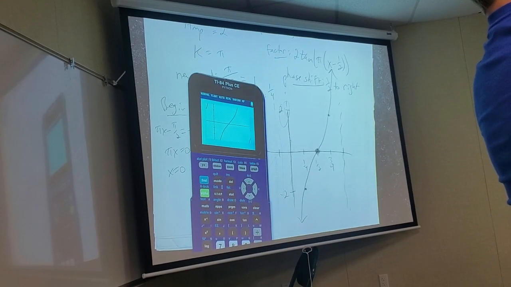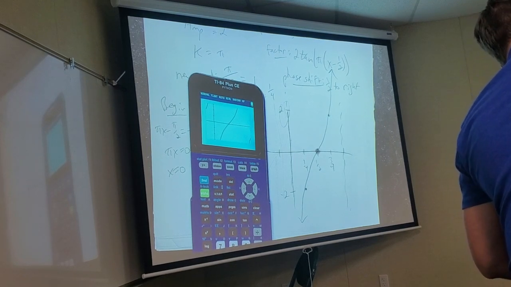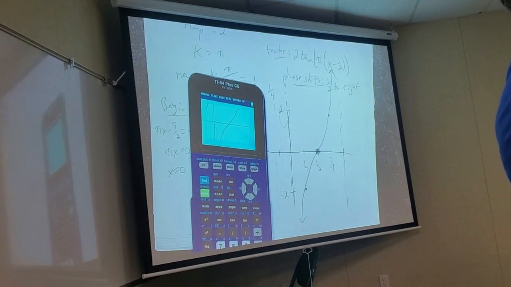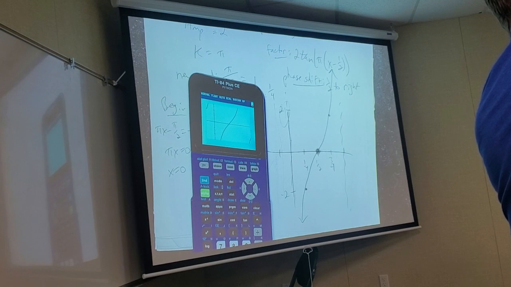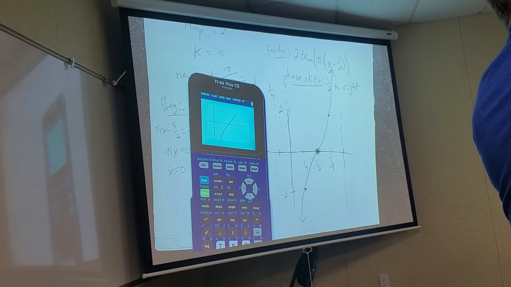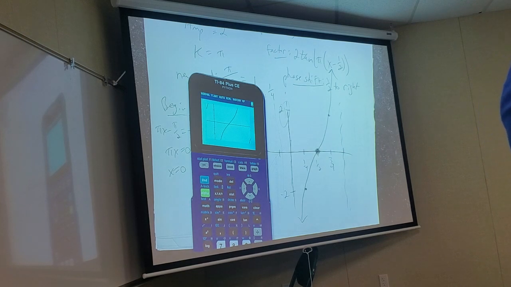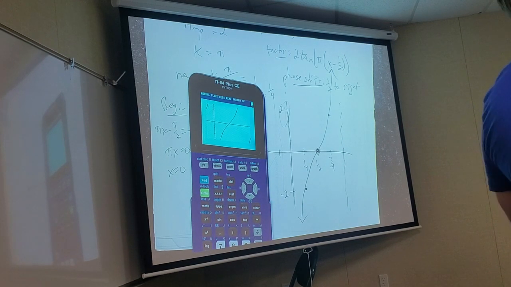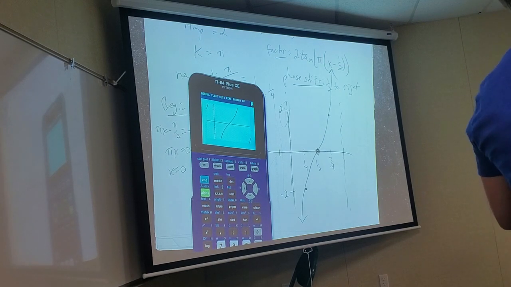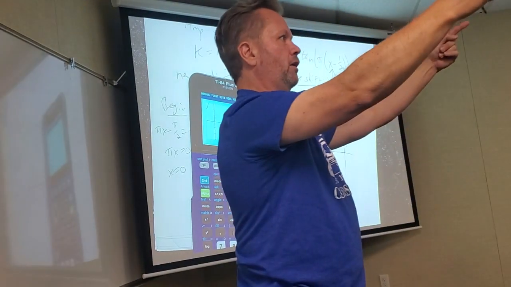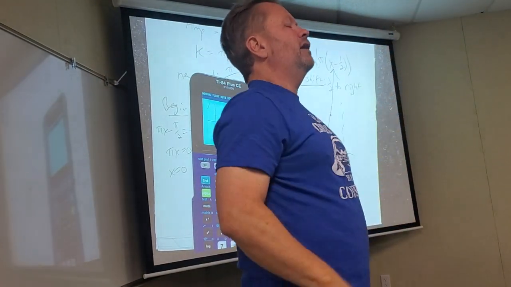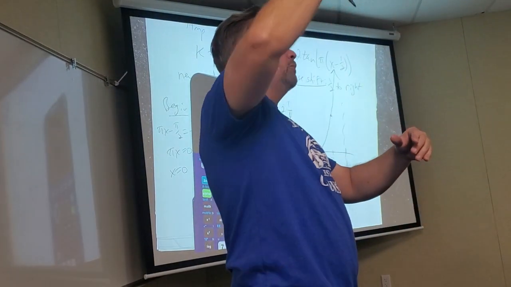At -pi/2, tangent goes to infinity, and then it starts to get smaller and smaller, and then at 0, tangent's going to be 0, because sine is 0 and cosine is 1. 0 divided by 1, right? So here's the period, -pi/2 to pi/2. I know right in the middle, it's 0. So whatever I do, I can go to the middle and go, okay, you're 0. Unless, of course, it's been moved up or down.